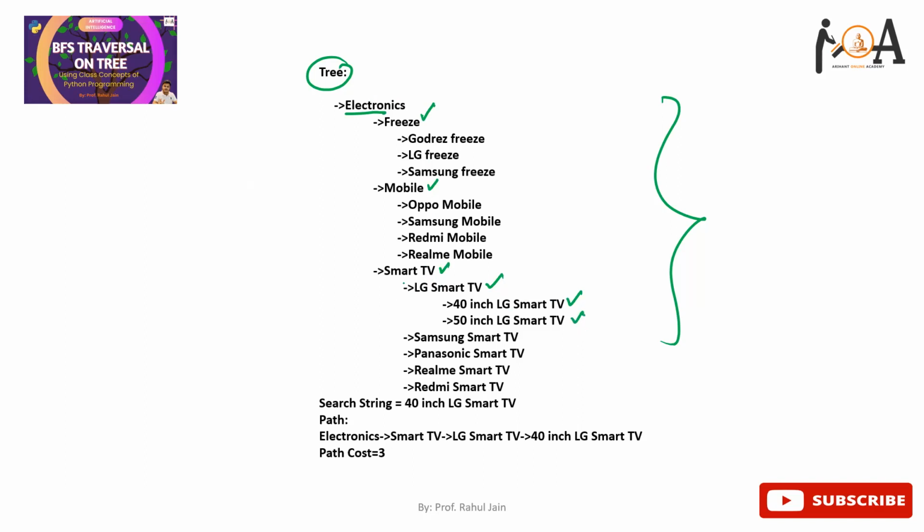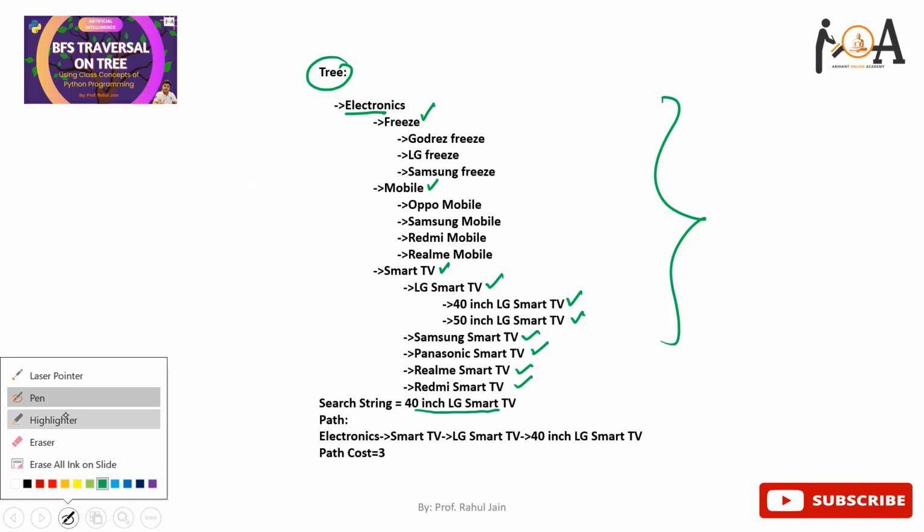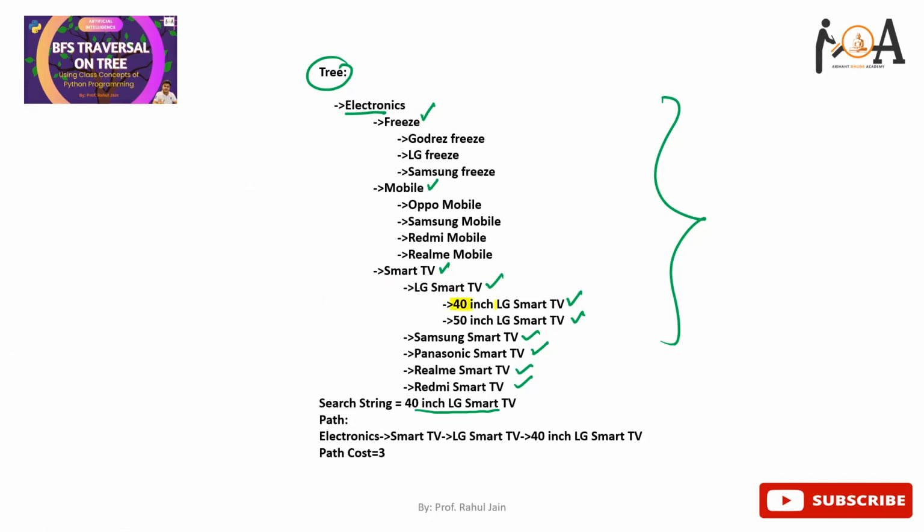And again, under Smart TV, the main node also has Samsung Smart TV, Panasonic Smart TV, Realme Smart TV, and Redmi Smart TV, right? So let's say we want to find a particular search string, that is 40-inch LG Smart TV. If you look, the 40-inch LG Smart TV is here, the highlighted part.